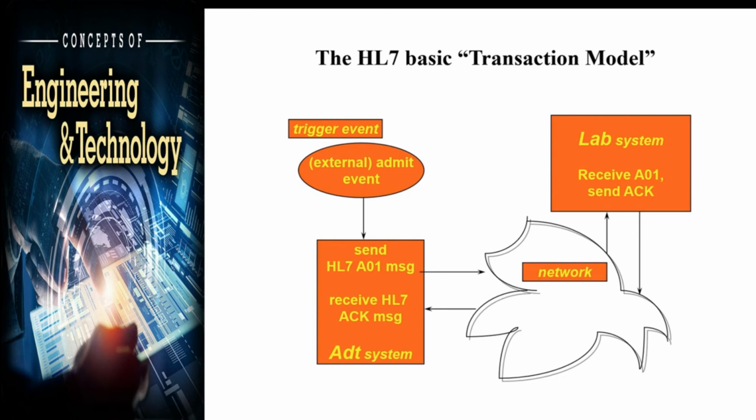The lab system will receive the information, then it will send the acknowledgment through the network again to the system which enabled the trigger event. So it will be receiving the HL7 acknowledgment message. Okay, so this is the transaction model of HL7 basics.